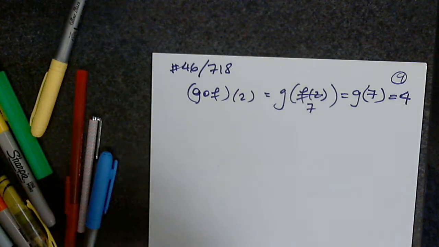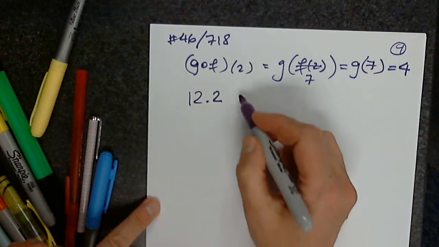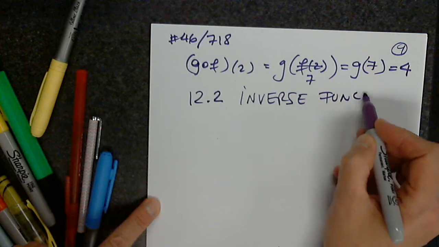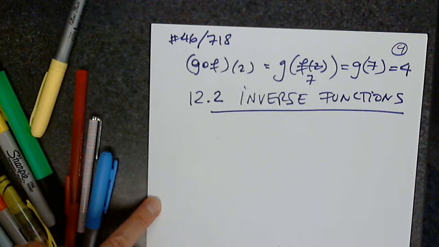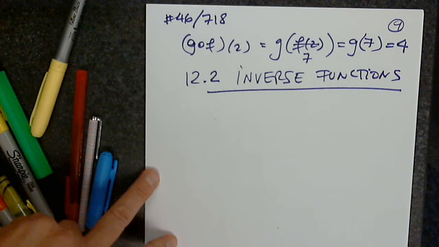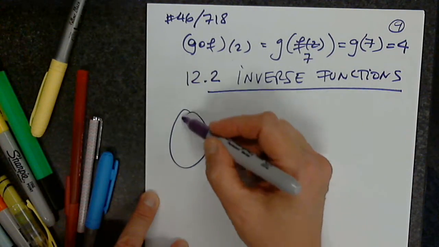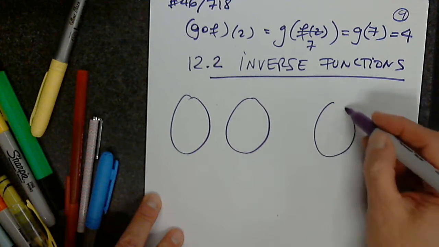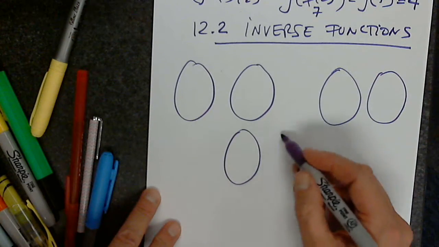Okay, section 12.2. Inverse functions. When we looked at chapter 8, at the beginning of chapter 8, we looked at 3 different scenarios. This is scenario number 1, scenario number 2, and scenario number 3.